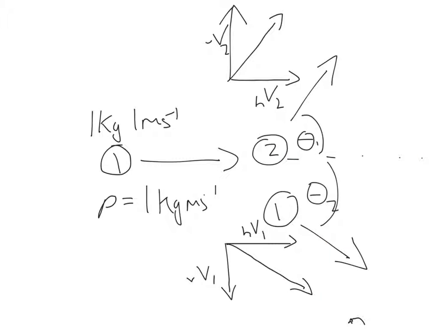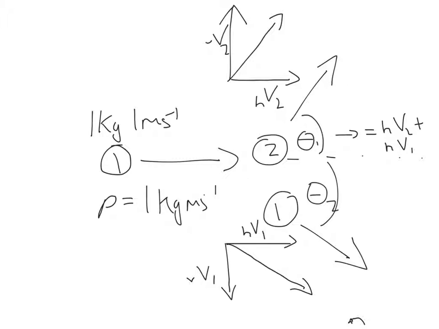If I write that in, essentially the momentum in this direction would be equal to mv2 plus mv1. That must be the case. If it wasn't, the momentum wouldn't be conserved.